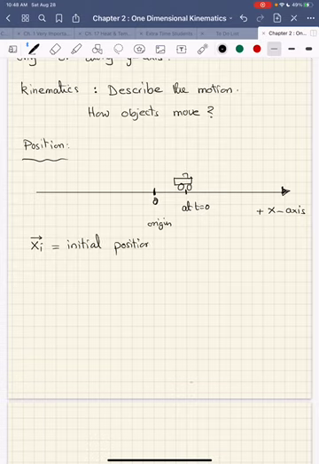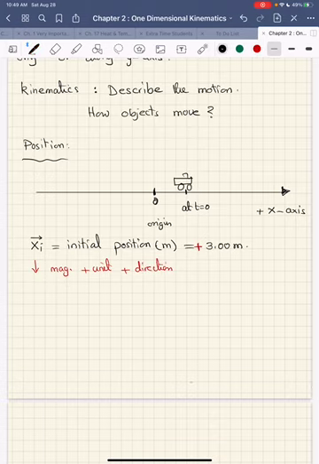That initial position is measured in meters, and here I can say it is 3 meters. When I have that without anything, this means it is positive, to the right, because this is a vector quantity. Vector quantity means it has a magnitude, which is the number plus a unit, plus a direction.